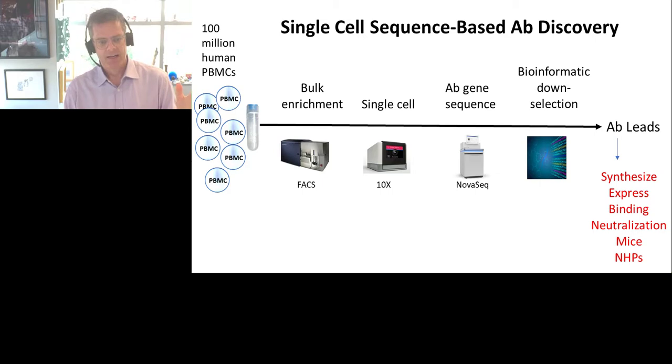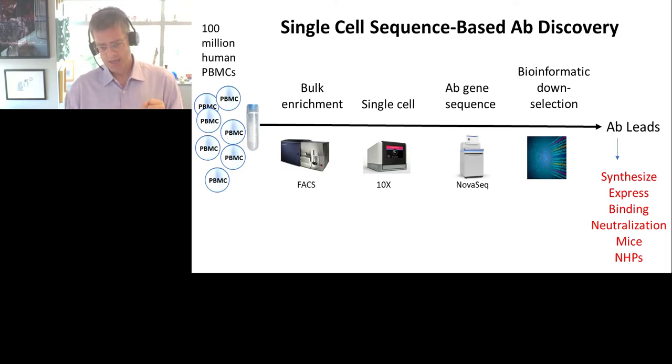We can enrich those cells with paramagnetic beads or flow cytometry, ultimately going into a single cell device. We've used 10x Genomics, the Berkeley Lights Beacon system I'm going to show you today, and other single cell techniques, or even just flow cytometric sorting into one cell per well can work as well.